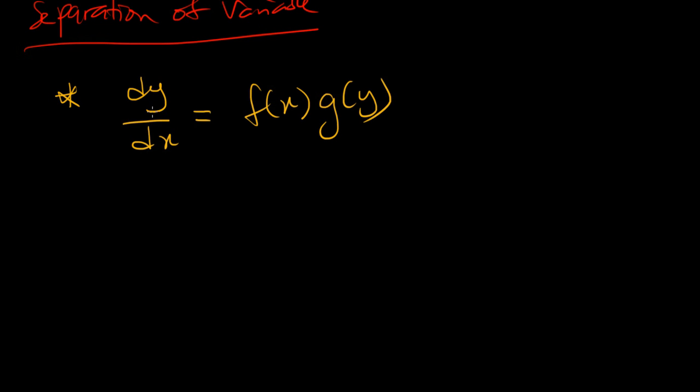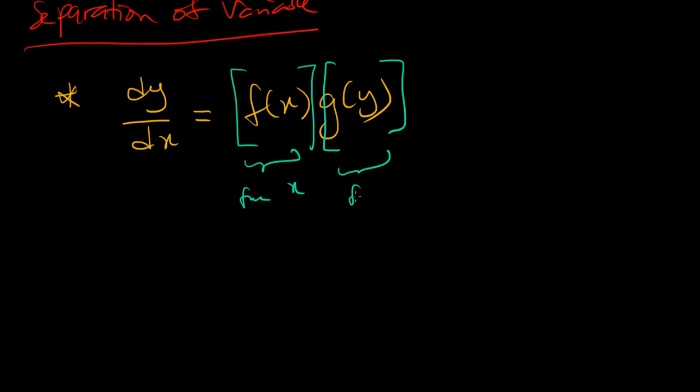The first thing is you always have to express it this way: dy/dx equals f(x) g(y). From here you can see that this is a product of two functions, function of x and function of y.